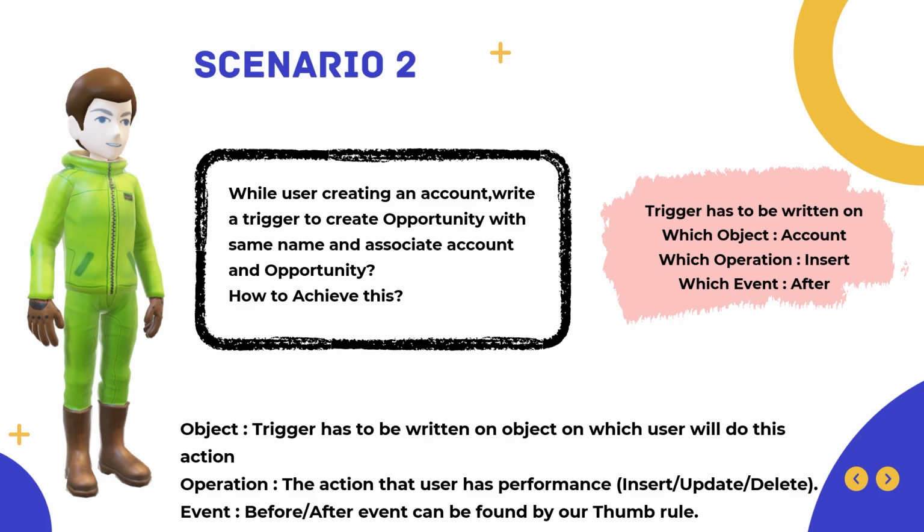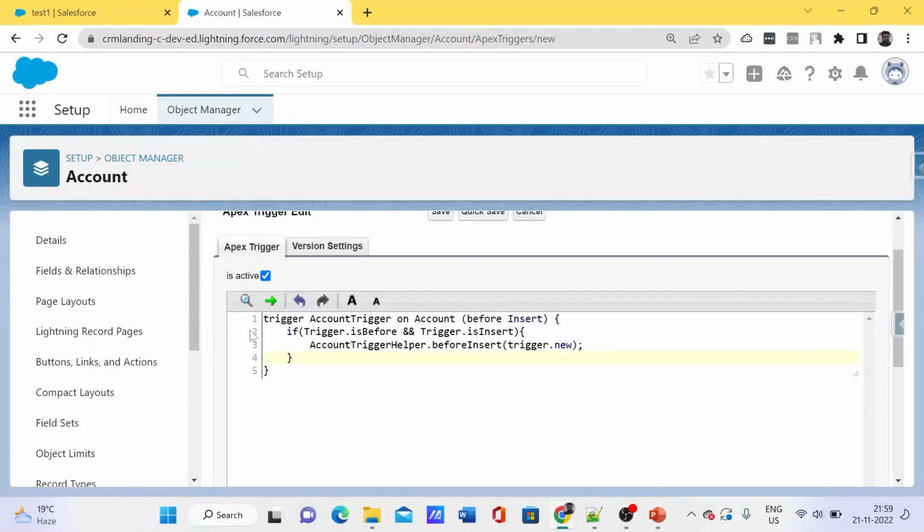We know that if we are running anything in the before, we will not be able to get the id. Here we just need to update the same record, but now we have a requirement that we need to insert a new record and associate the id.